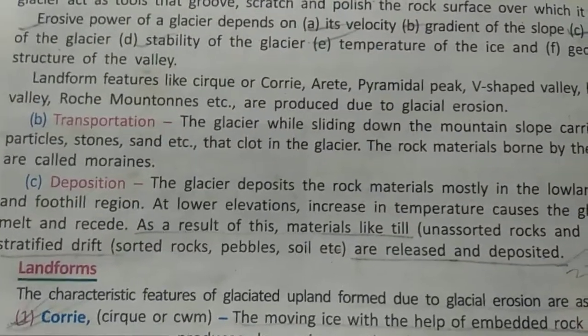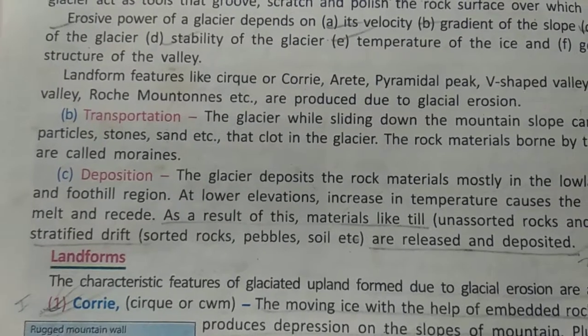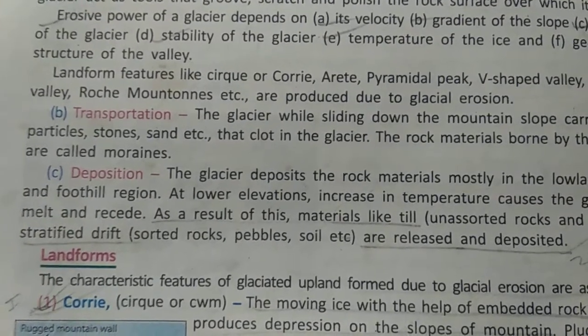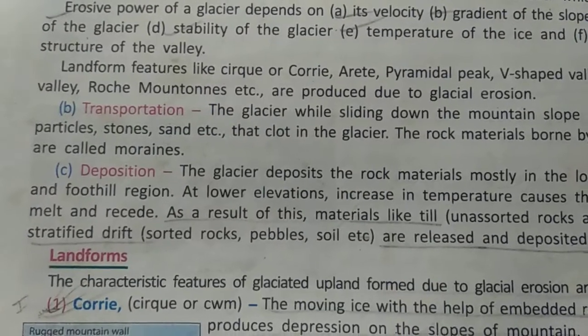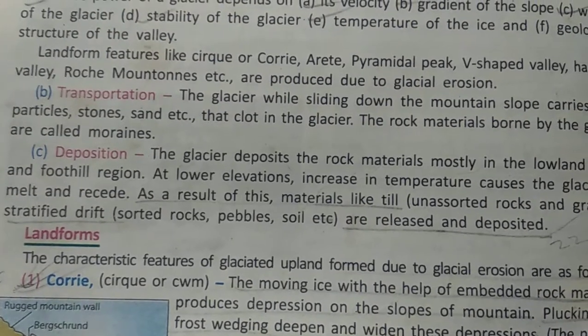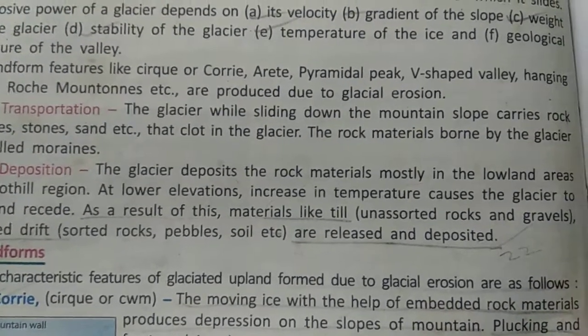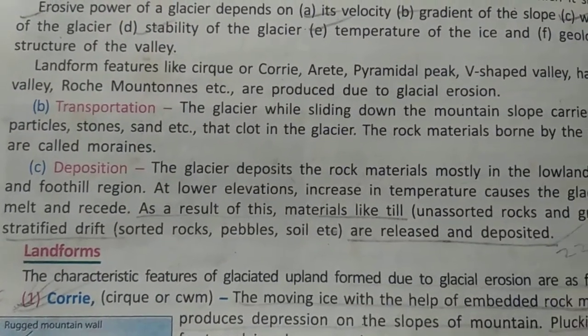Transportation. A glacier, while sliding down the mountain slope, carries rock particles, stones, sand, etc. that collect on the glacier. The rock particles borne by the glacier are called moraines. Deposition. The glacier deposits the rock material mostly in the lowland areas and foothill regions.